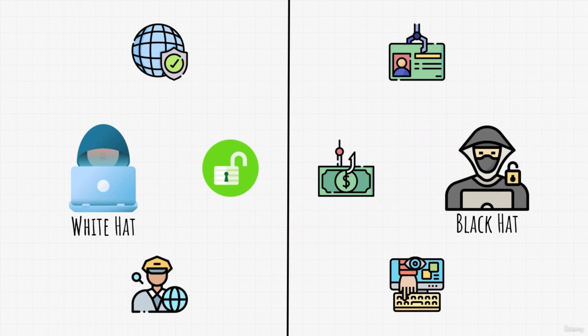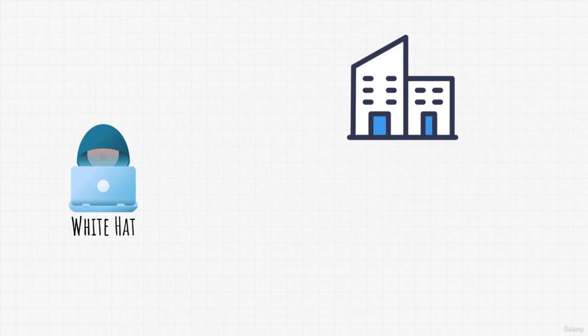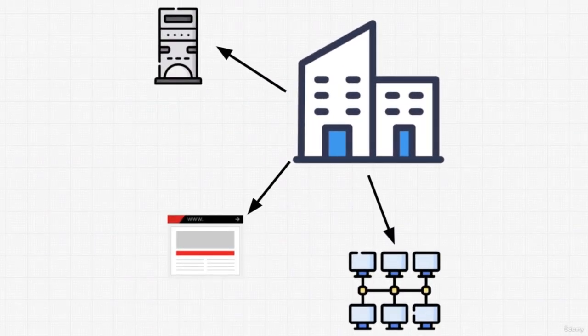The difference is we as white hat hackers must make sure that we have permission to target a certain system. An example would go like this. We get hired by a certain company. That company could have a website, different networks with computers inside the building where, for example, employees work.